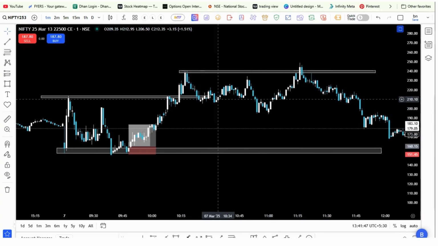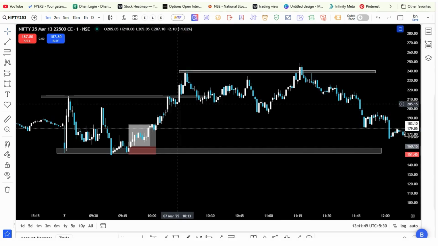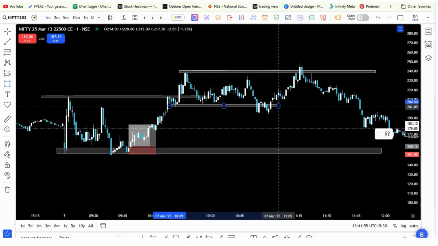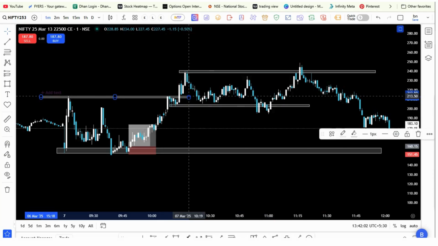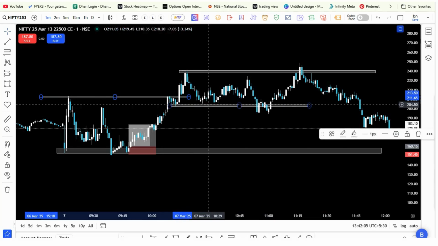The price came back again. So here you can see that the price is also making a support level. So I mark this support level. So did the price come back to my support zone with any seller pressure candle?